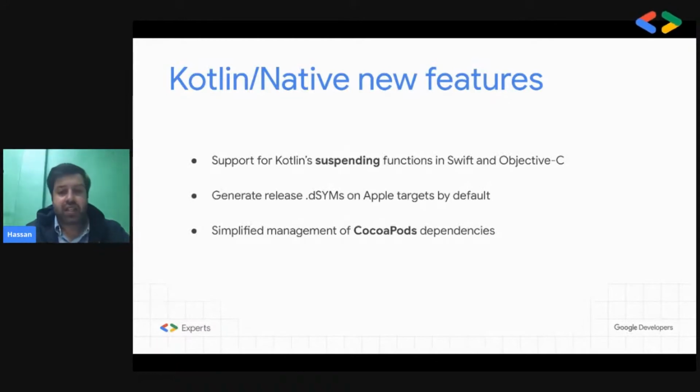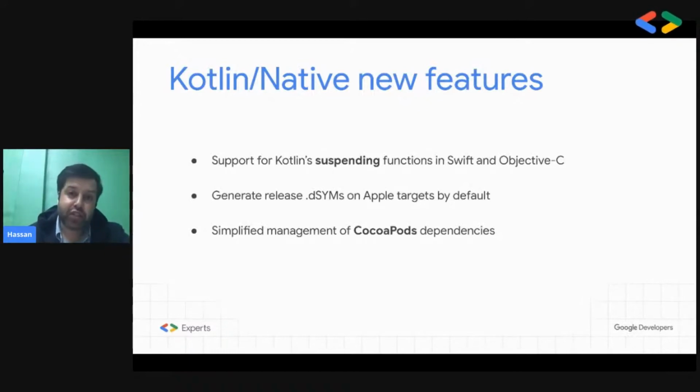And the last thing is CocoaPods, because usually when we create iOS projects nowadays using Xcode, we use pods. But here, we can use the IntelliJ IDE to manage our pods.